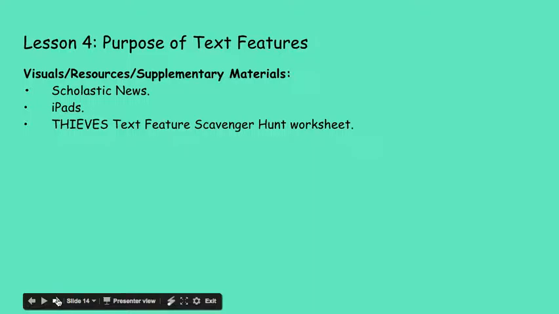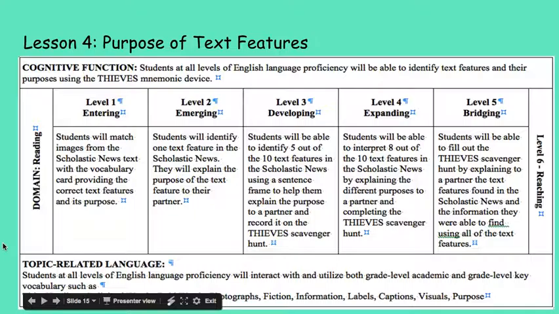Okay, again, the MPI strand is really helpful for modifications. So for this one, it's a little bit different than what we've done in the past. In level 1, students are still going to be matching images, but these images have been taken from the actual Scholastic News text, and they're going to be matching those pictures with the text features and its purpose, and those are going to be on its own vocabulary card.